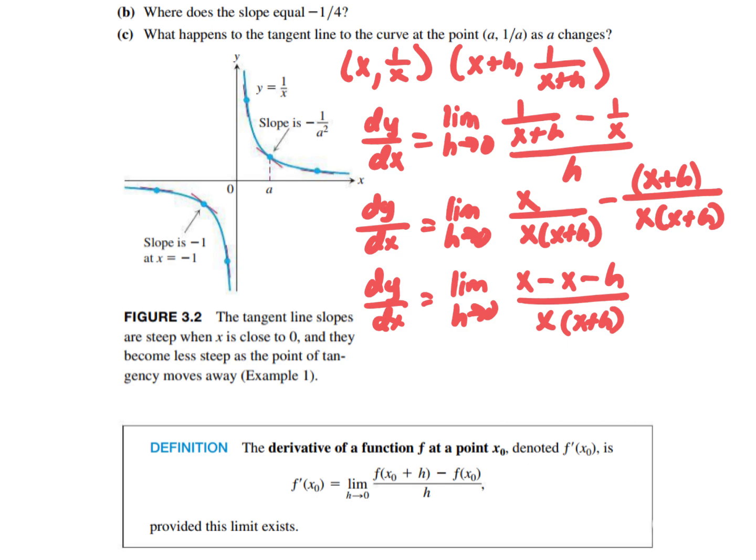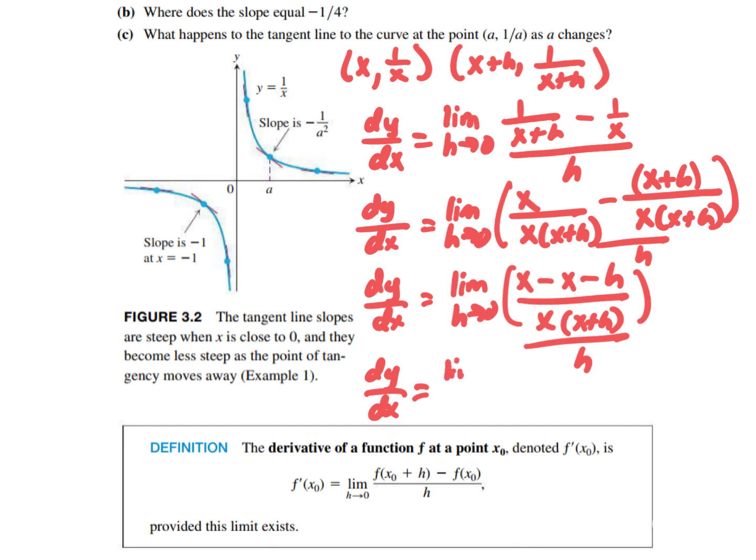Keeping in mind that this is just the numerator, so this is still being divided by h. You don't want to lose that h. It's still there though. And so then when I simplify this, I end up with my x's canceling. And so I end up with negative h over x times x plus h.